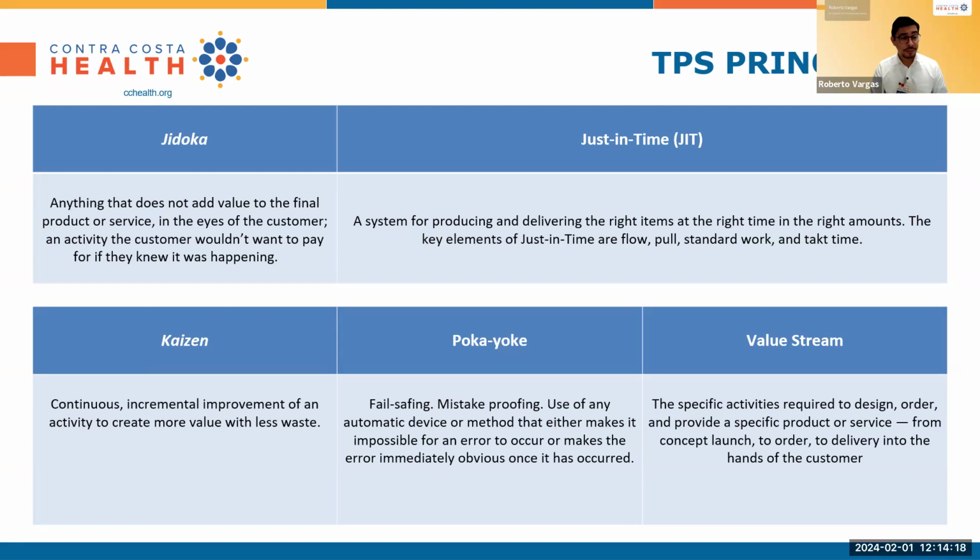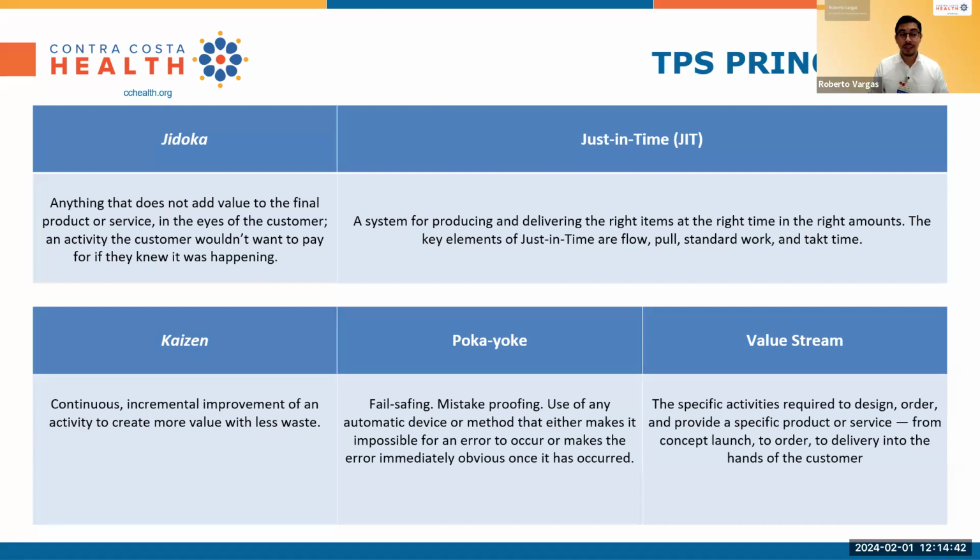So Jidoka has to do with waste, thinking about anything that does not add value to the final product or service. Really think about this from the customer's perspective. It's not just about, hey, how do I make a vehicle for the Toyota plant and produce it as fast as possible?